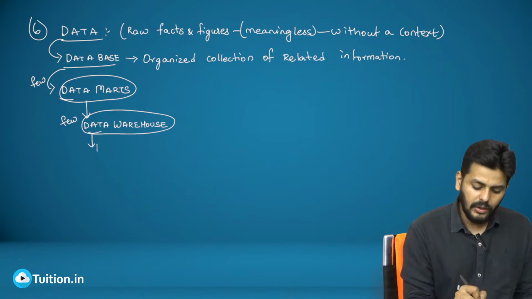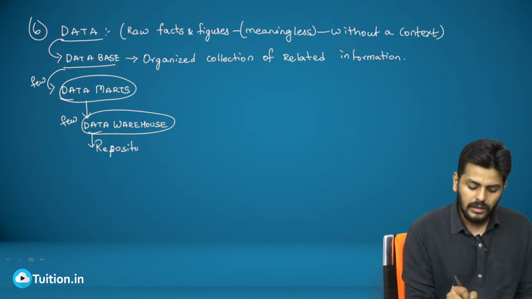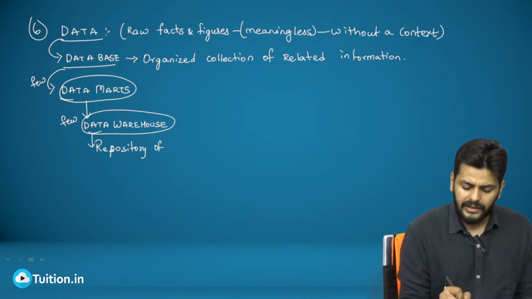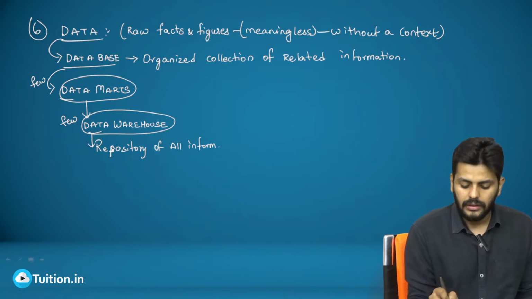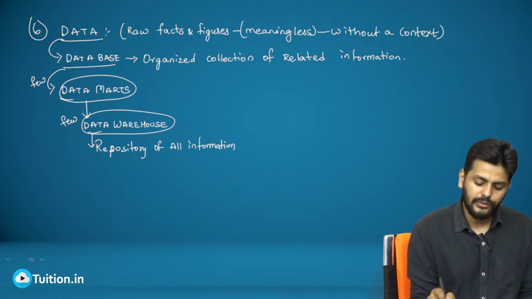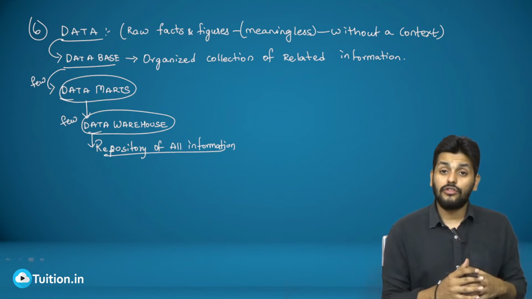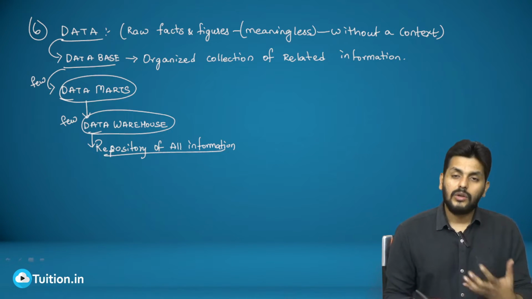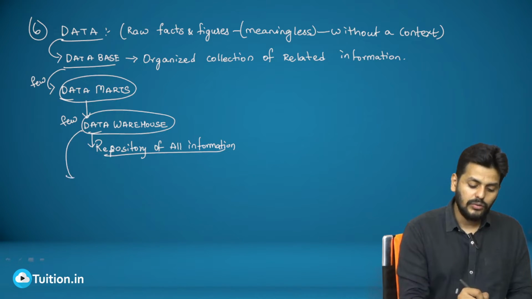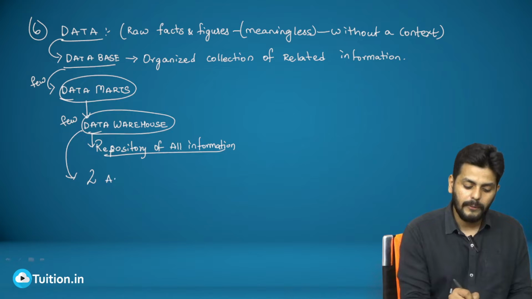Now this data warehouse is nothing but a repository of all information. It is so huge, thoroughly so huge. That's why it's a repository of all the information located in one place. To construct a data warehouse, you have two approaches.